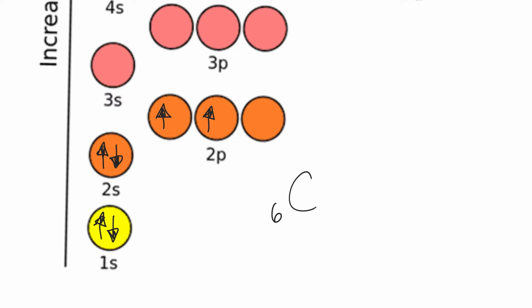Now, what is the electron configuration? As I said, electron configuration is just a shorthand form of this. It consists of the shell, the subshell, and how many electrons are in that subshell.